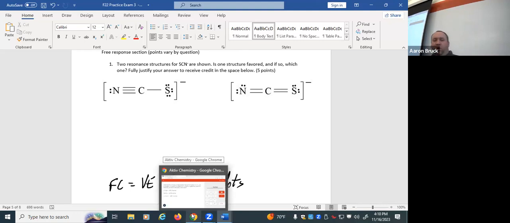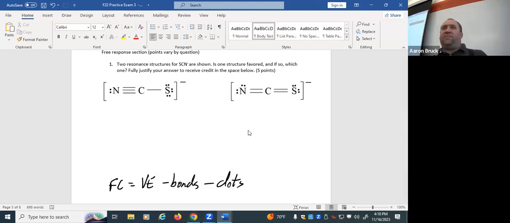And we're looking for as low as possible. Now we know because this is a charged ion, at least one of these is going to have a -1 charge. But what we're trying to reduce is the number of things that have charges, and we want to make sure that the place that has the negative charge makes the most sense to have the negative charge.